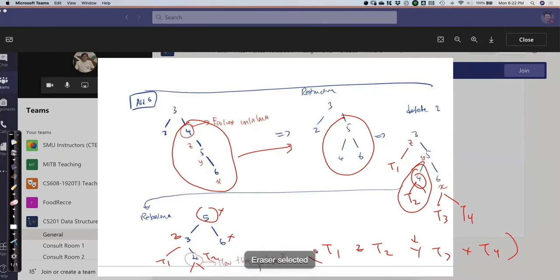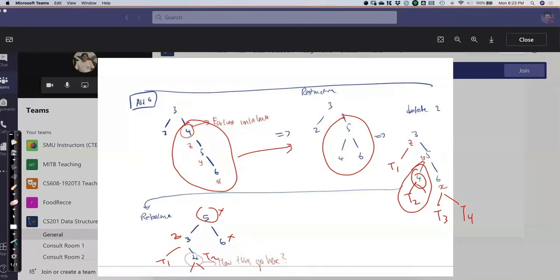So when we say T1, T2, and so on, these are whole subtrees. That means we are illustrating this as being a part of a much bigger tree. We are trying to localize the changes so that we can encapsulate the whole descendants as a subtree. So the subtree is going to follow the parent. In this particular case, the subtree is whatever is to the left of Y, and that happens to be the subtree that has 4 in it.